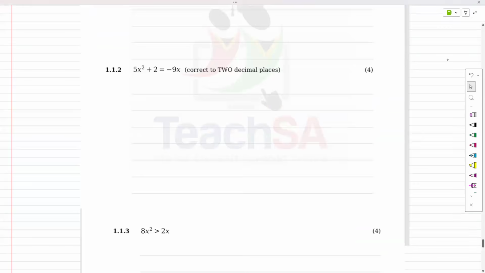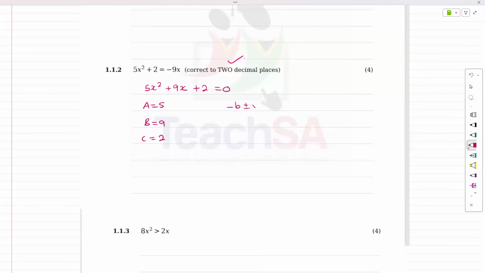Next one, we can see automatically 2 decimal places means they want us to solve it with the quadratic formula. That's a bit of nonsense. 5x squared plus 9x plus 2 equals 0. My a is equal to 5, my b is equal to 9, my c is equal to 2.